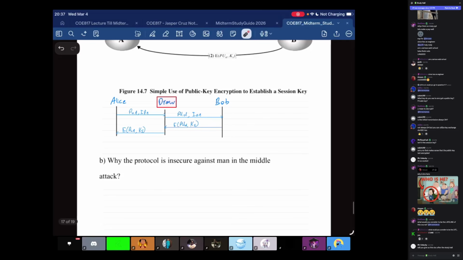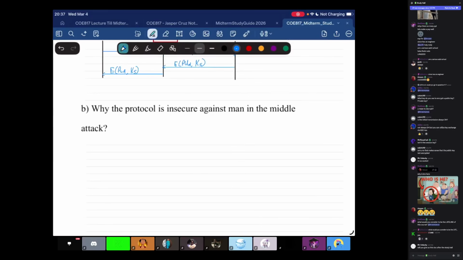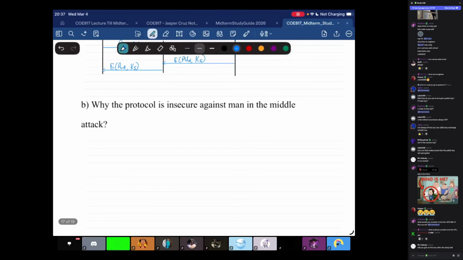But to answer part B in this question, why is the protocol insecure against man in the middle? This communication made above is not an authentication.